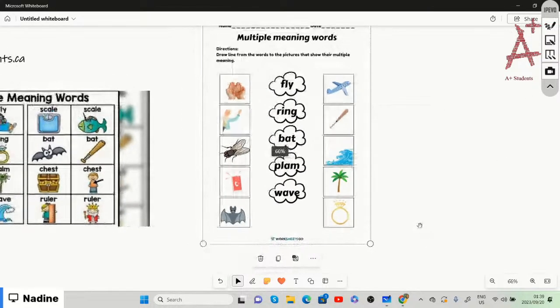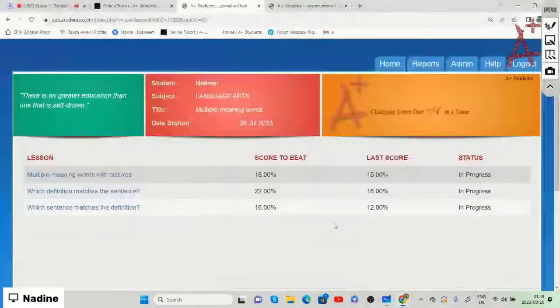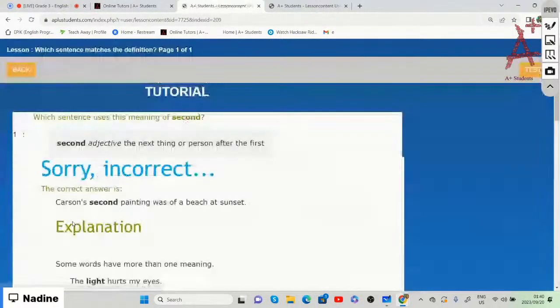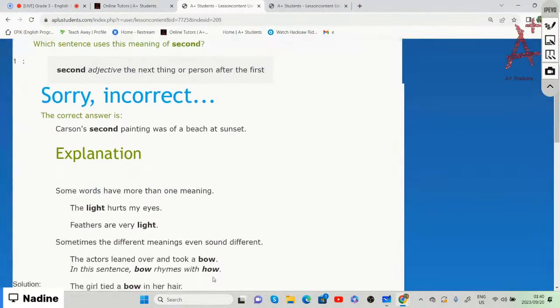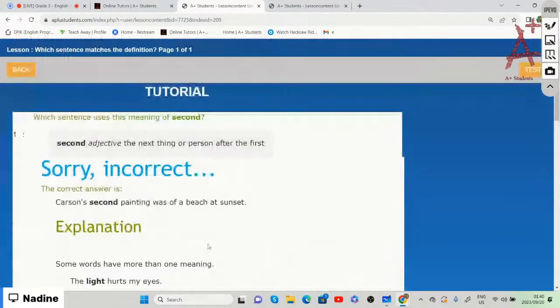All right. And before we finish off, let's go to the last one, which is which sentence matches the definition. So now we're going to be matching the sentences with its correct definition. So which sentence uses this meaning of second?